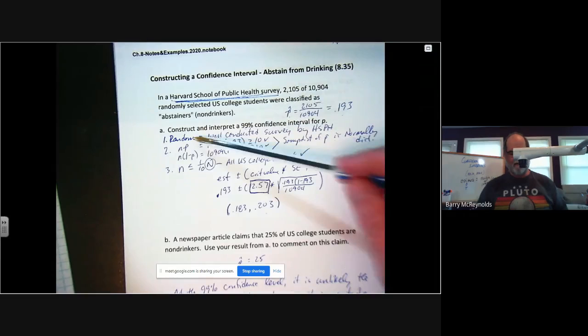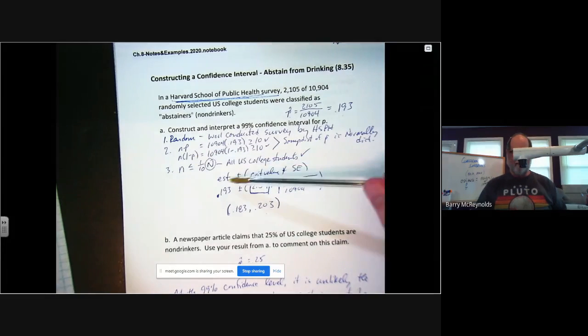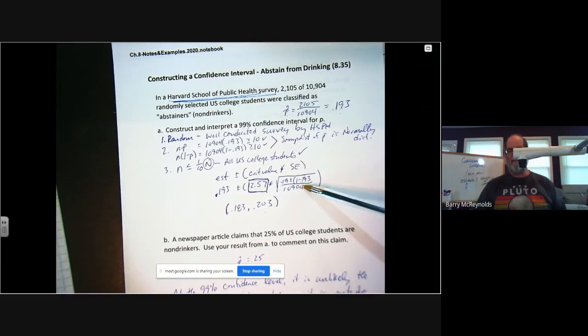First of all, we're going to check that the conditions of inference are met. We'll use this general form, estimate plus or minus a critical value times the standard error. Critical value is going to come from table A. The standard error is simply the standard deviation of the statistic, and the statistic here is p hat.